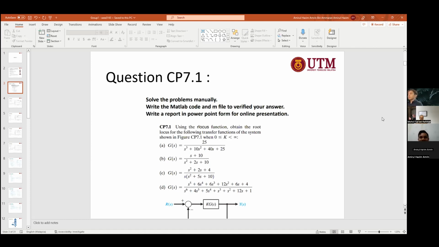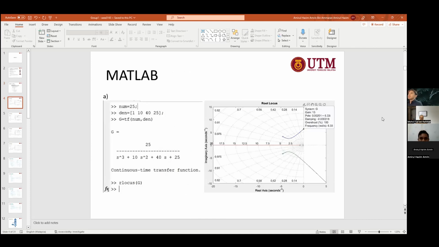Okay. So next slide. This is the instruction or the code for the first question. Beside the code is the Bode plot for the first question, 7.1a. The coding is simple.